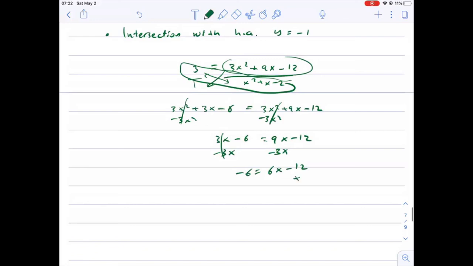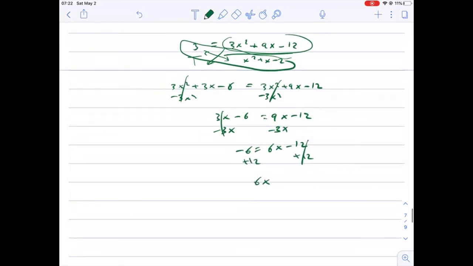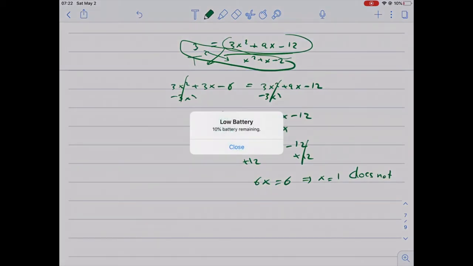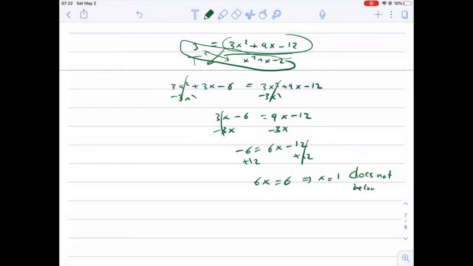And then we solve for x. We add 12, and then we get 6x equals 6. That means x equals 1. But as we can see, this does not belong to the domain. So we don't need to worry about this because we have a hole at this point. So we don't have intersection with the horizontal asymptote.